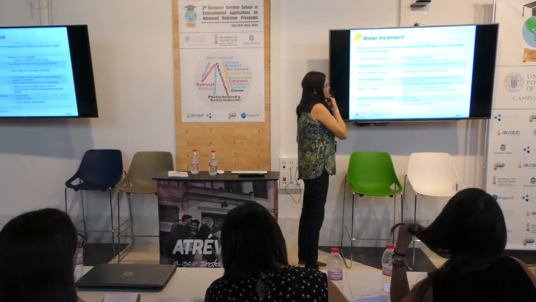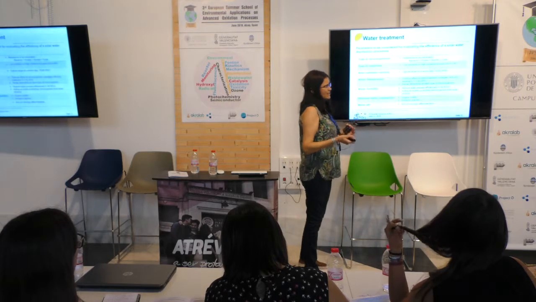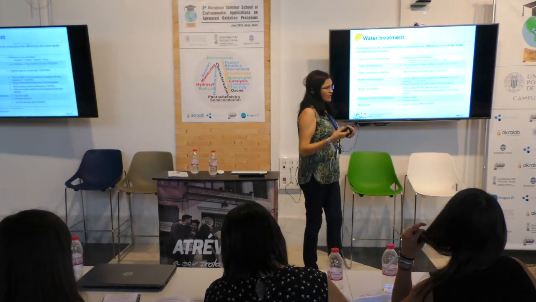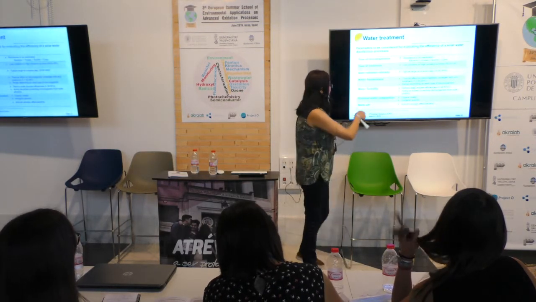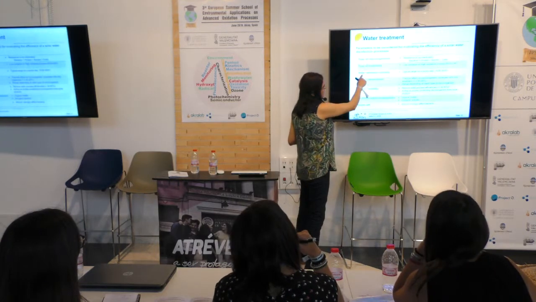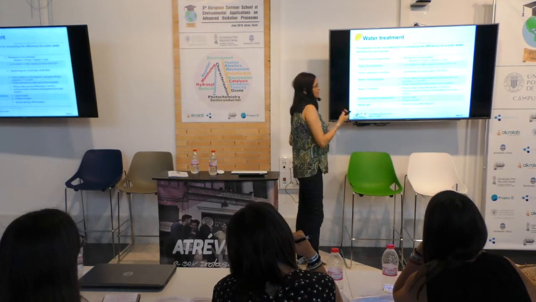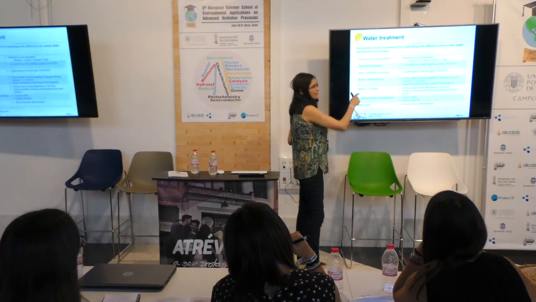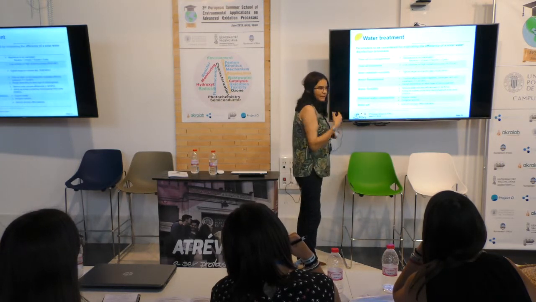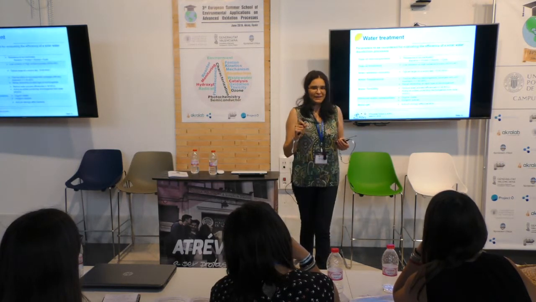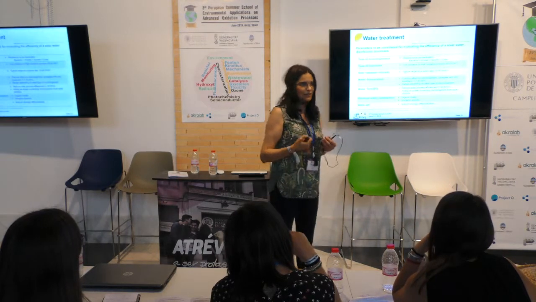But when we speak about advanced oxidation processes, especially those driven by solar energy, there are other parameters that are quite important for water disinfection, which is the solar radiation intensity, because it directly affects the capability of the bacteria to survive.